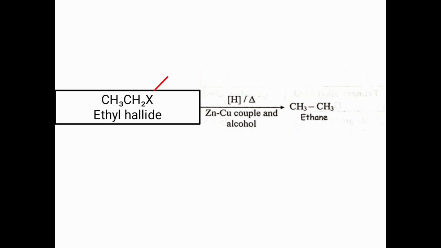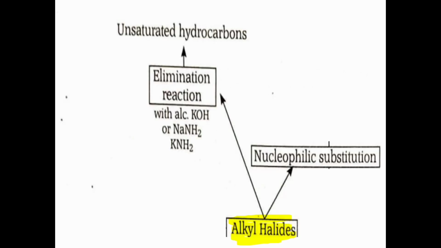This X will get eliminated, and if we add this hydrogen here, or you can say it is a substitution kind of reaction, then the hydrogen will get joined and ethane will be formed. All this happens because of the medium that is being used here.